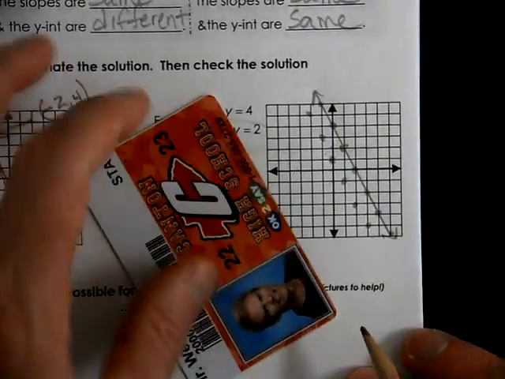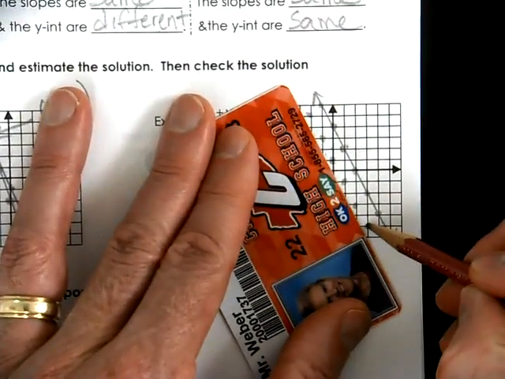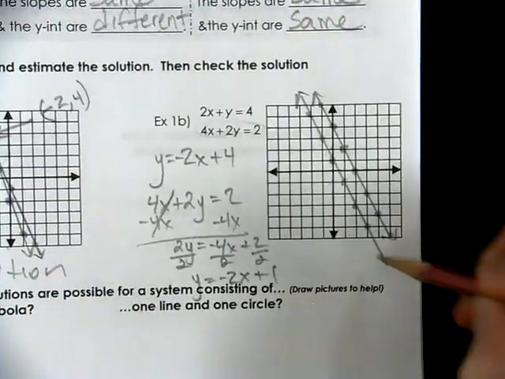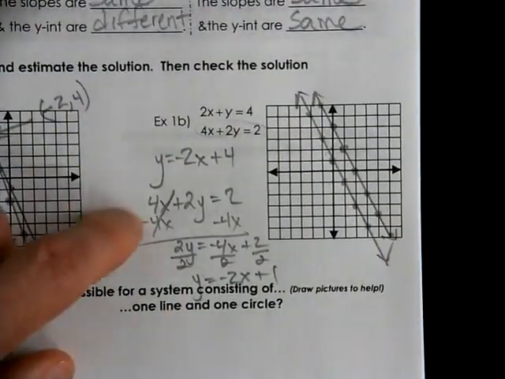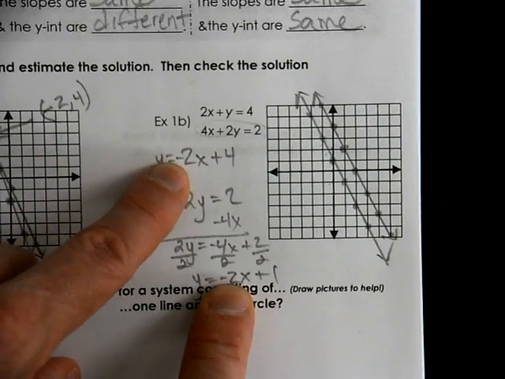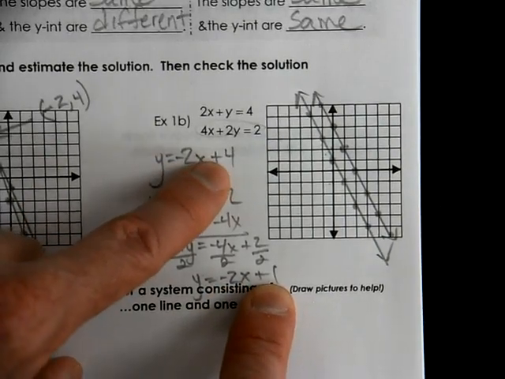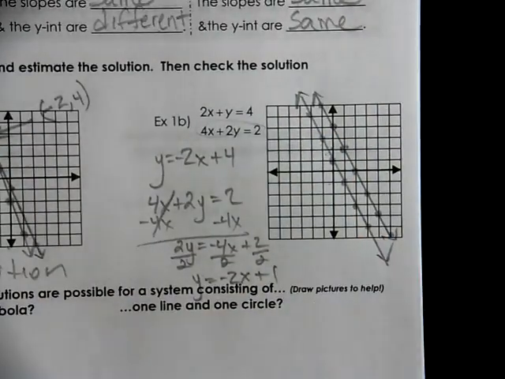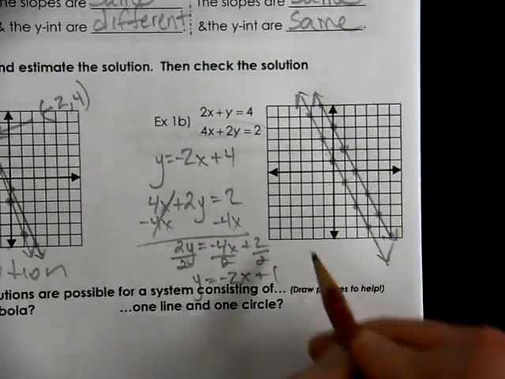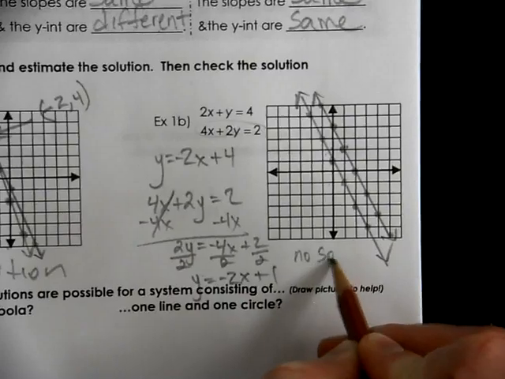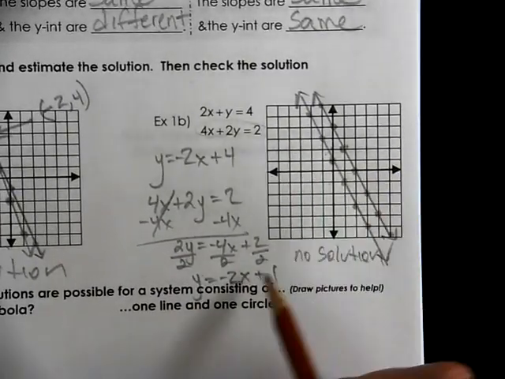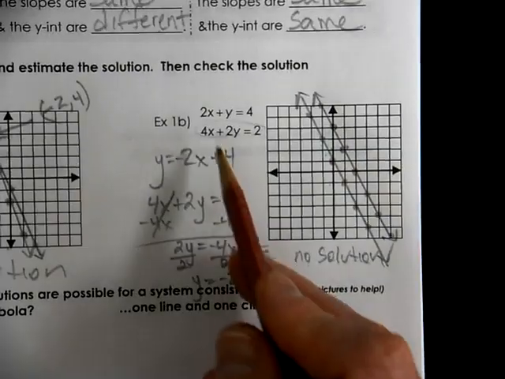And if you notice, those two lines have the same slope, but they have different y-intercepts. So that means the lines are parallel. There is no x and y that is going to make both equations true.